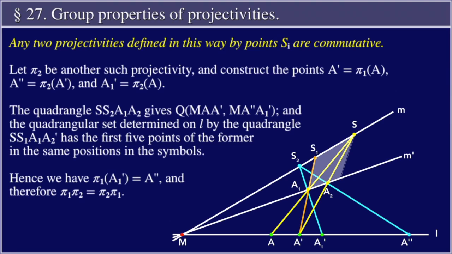Hence we have pi sub 1 of A1' equal to A double prime, and therefore pi sub 1, pi sub 2 is equal to pi sub 2, pi sub 1.